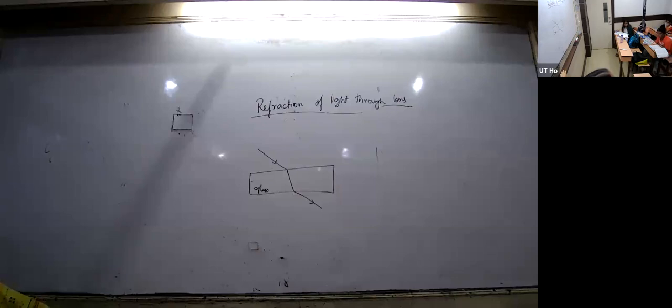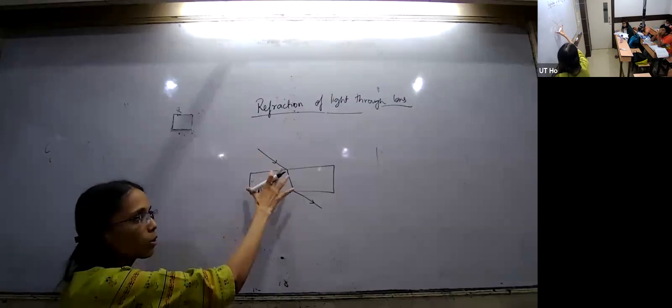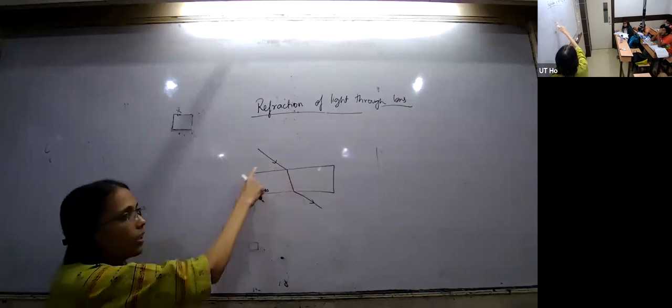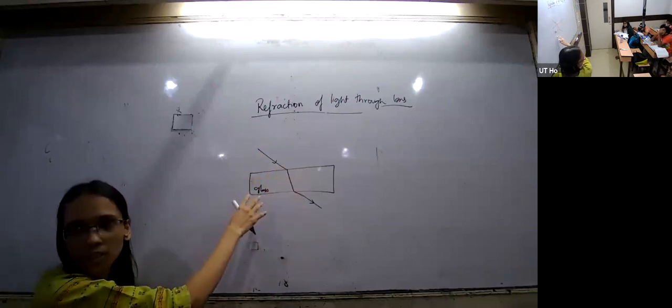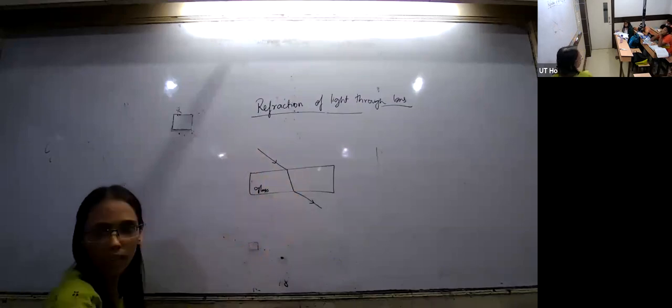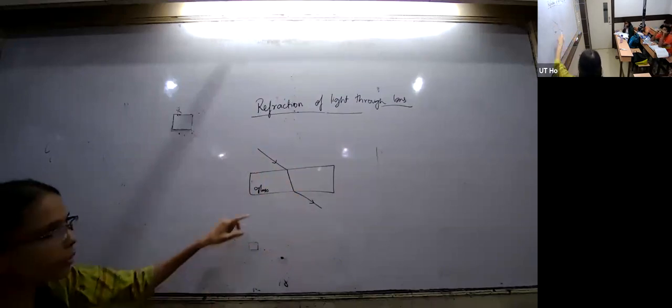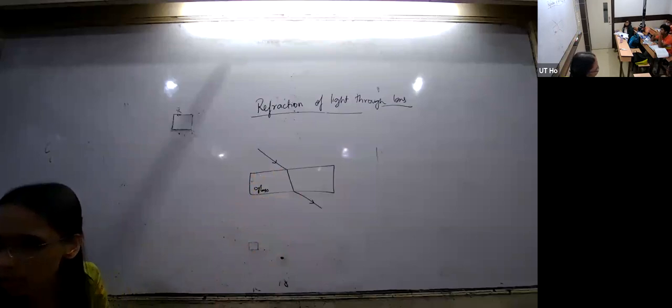Now again we will be observing the same thing, where light will pass through a transparent medium because we took glass, right? So since it is a transparent medium, light will pass through it, but in some other fashion because it undergoes refraction.